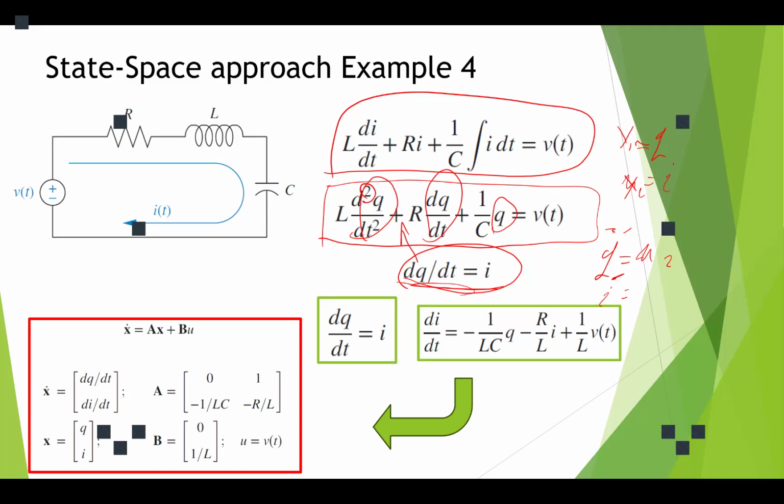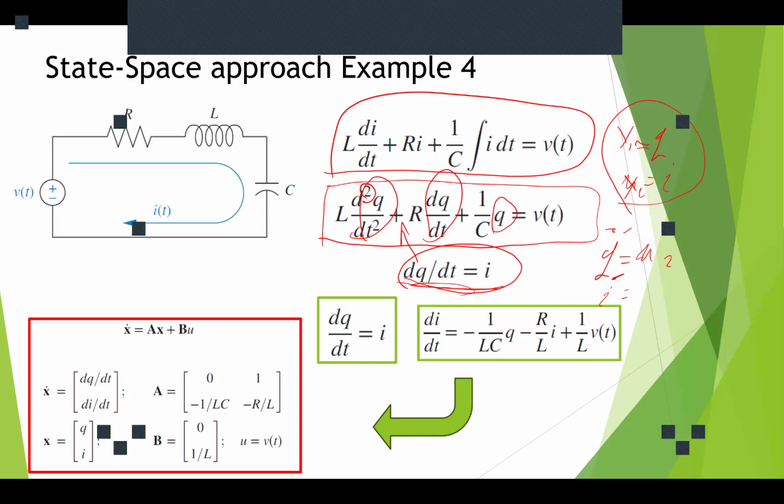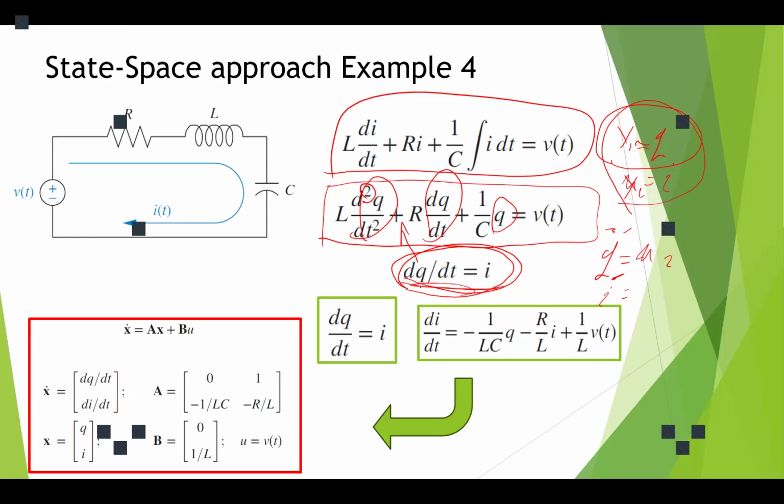We define our state variables. We want to write two first order differential equations that describe the dynamics of these two state variables. The first one is going to be Q dot, which is easy because we define that as I. To find the first order differential equation for the second state variable, we are playing with our original equation: d2q over dt2 plus R dq over dt plus 1 over C q equal to v(t).